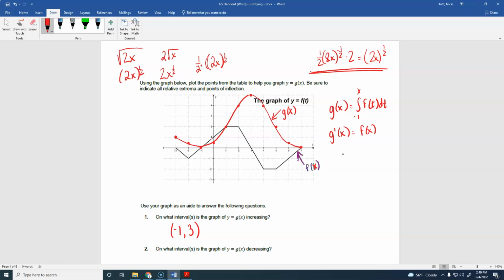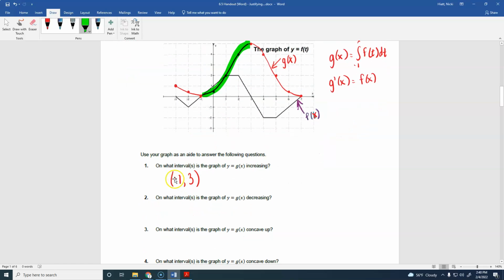to 3. So we can look and see here that we're increasing, or we also could see that our derivative is positive. It's above the x-axis for that section. We're decreasing from -3 to -1.